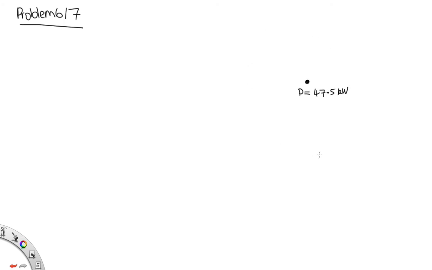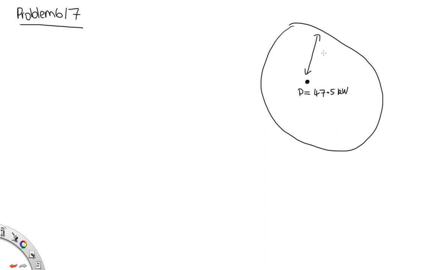It radiates that into space, so around the surface of a sphere. And we're investigating the intensity at a distance of 4.82 kilometers. We're told that the speed of sound is 343 meters per second. And we're asked, what's the energy density?